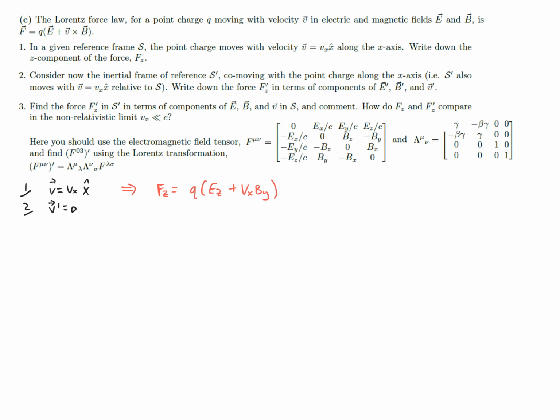And I have to do this in terms of components in the primed reference frame. What do I get? Well, that's pretty straightforward. I just get q times Ez primed. I don't get any magnetic component because the velocity in the primed reference frame is equal to 0.